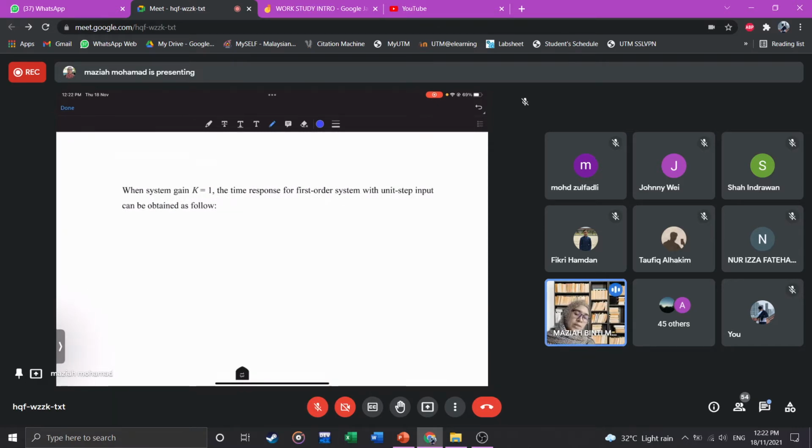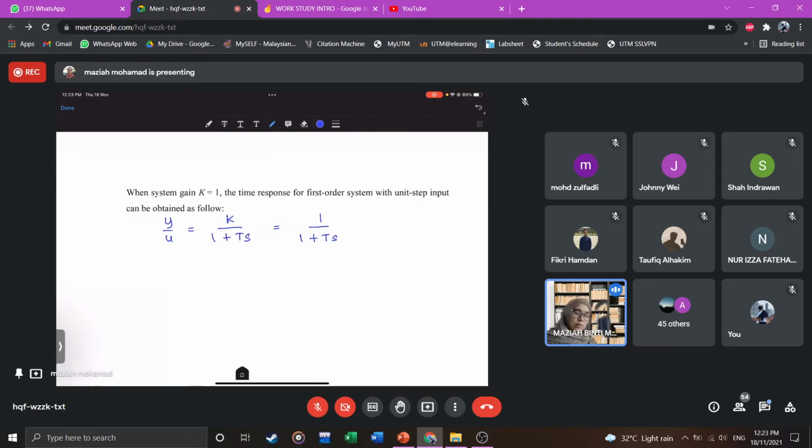Okay, so let's consider this transfer function again: Y over U is equal to K over 1 plus Ts. Let's consider K equal to 1, so 1 over 1 plus Ts.